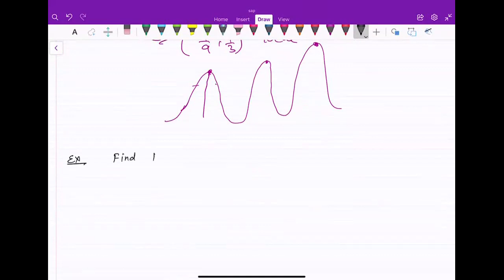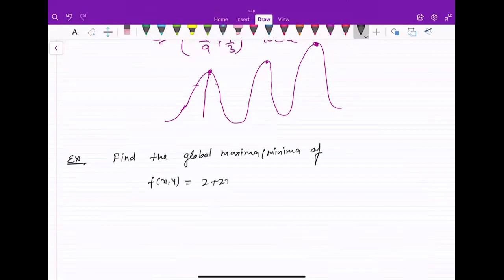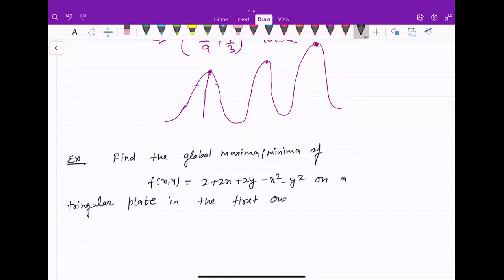Find the global maxima and minima of the function f of x comma y equal to 2 plus 2x plus 2y minus x square minus y square on a triangular plate in the first quadrant, bounded by the lines x equal to 0, y equal to 0 and y equal to 9 minus x.